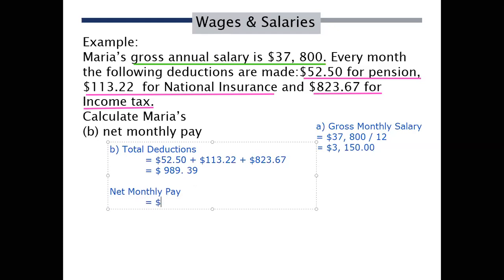And so for me to find her net monthly pay, I start with her gross salary or her gross monthly pay, which in this case is $3,150. And I'm going to subtract from that $889.39.